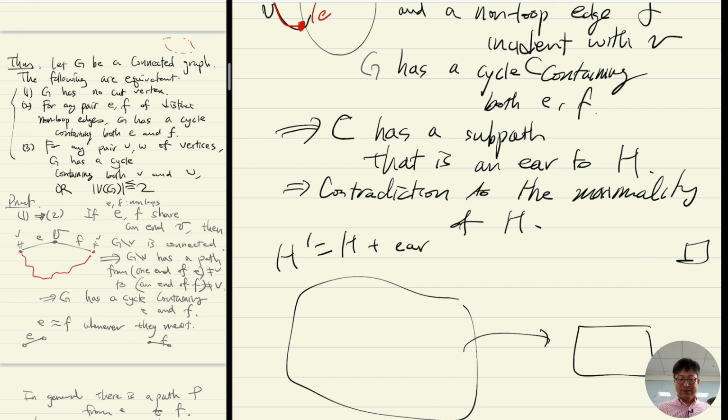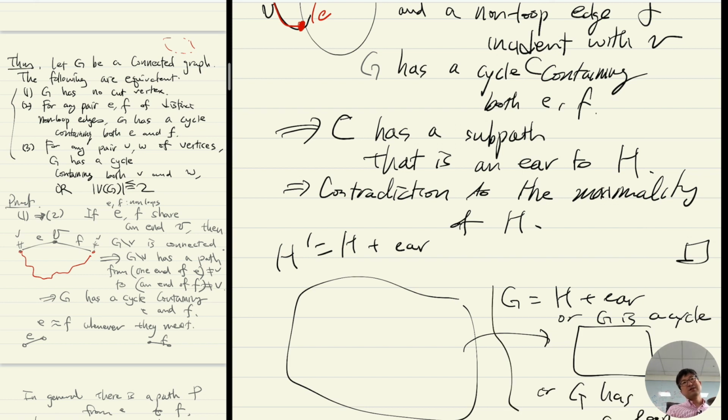So your graph G is always H plus some ear, or G is a cycle, or G has a loop. Right?